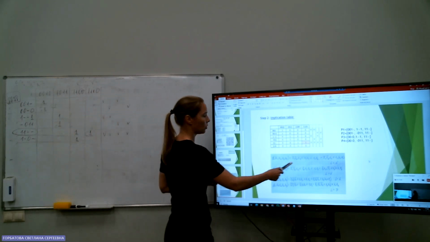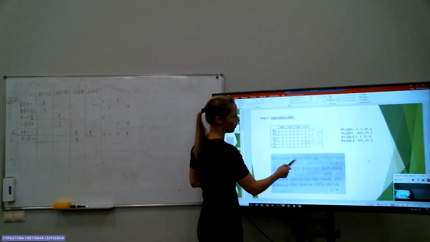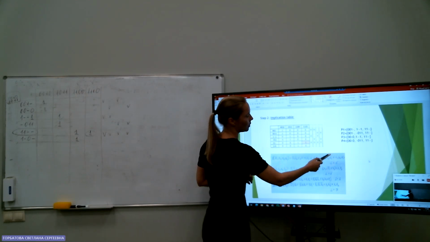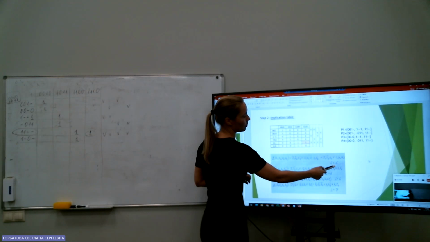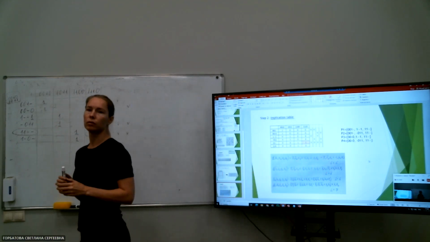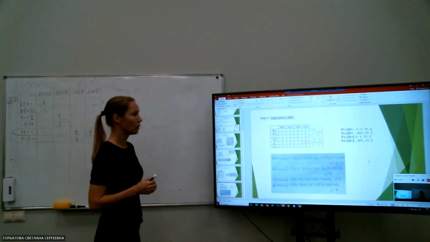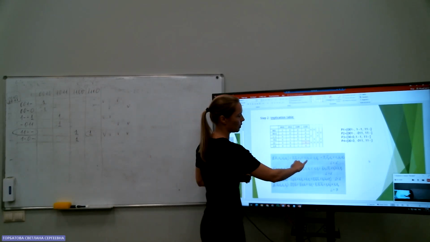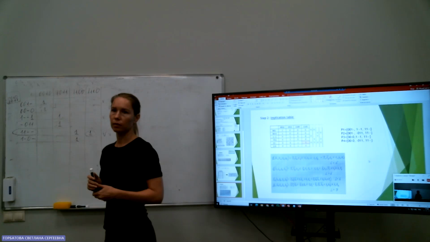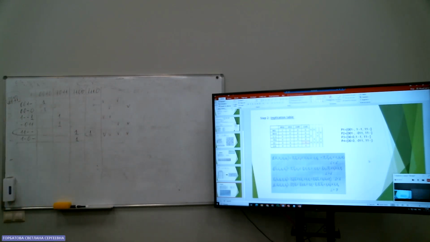Because of distributive law, here is 7, length is 7. And here length is less because of distributive law. x1 here and x1 here. Okay. Do you have questions?